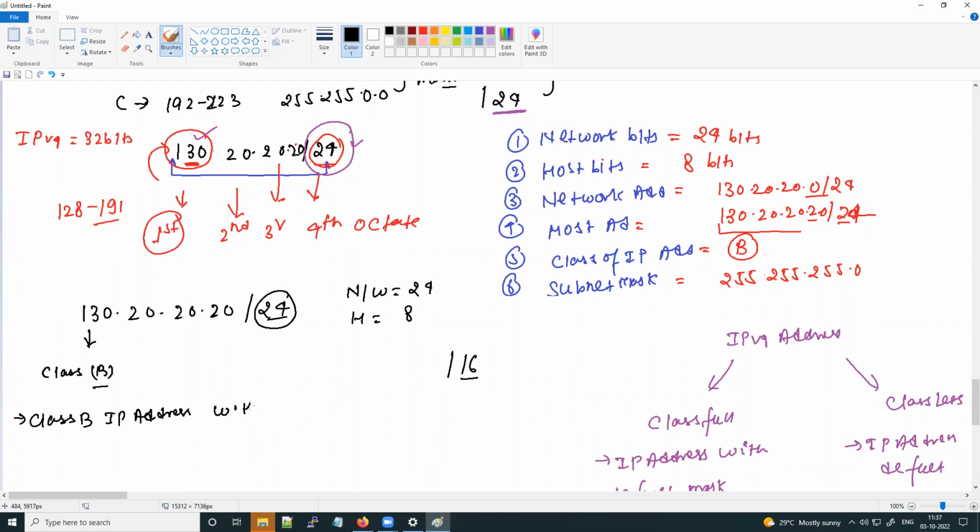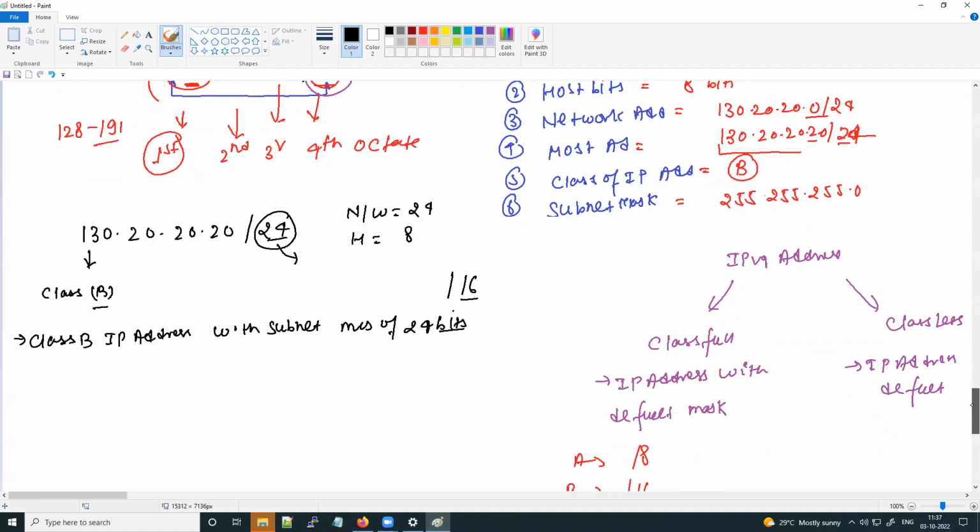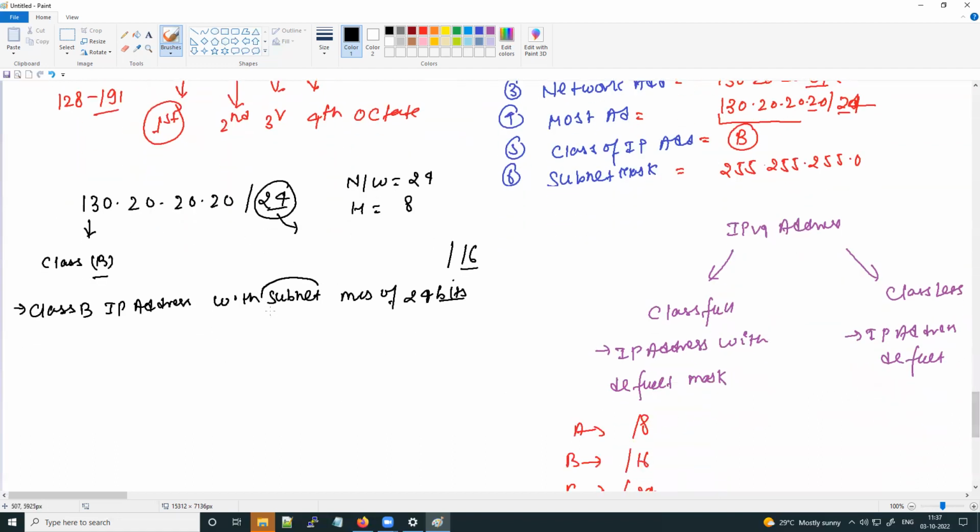with a subnet mask of 24 bits, right? This is the subnet, meaning an IP address not with the default mask, and it is also greater.